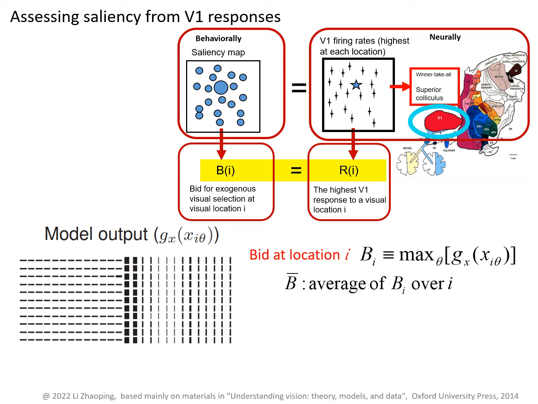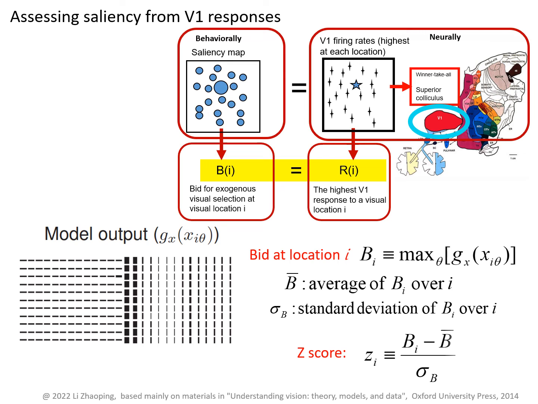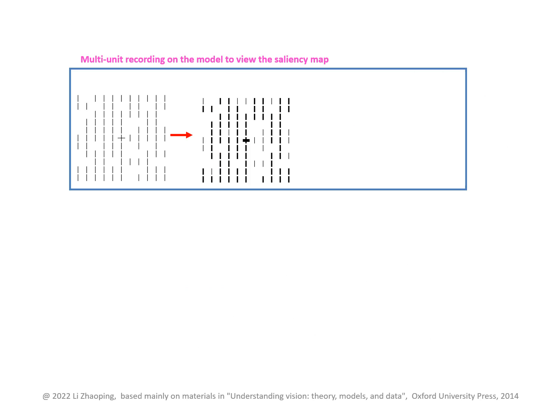The average bit across locations is denoted as b bar. The standard deviation of the bits across locations is sigma b, and we quantify the saliency at each location i by the z-score, defined like this. Accordingly, at this border location, the z-score is 4, and it's quite high, so this border pops out to attract attention.